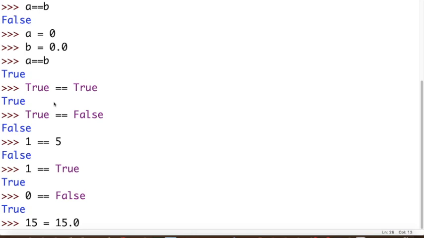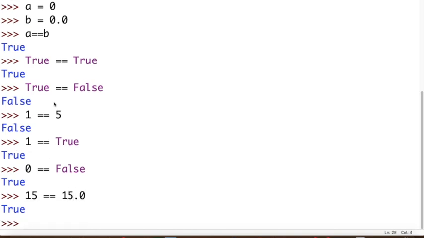Now here there are two similar values, and we have one integer and another we are comparing it with a float value. Now let us see, it is always true. So it doesn't matter which type of value you are comparing. If the content is equal, if they have similar values, then the outcome is true.